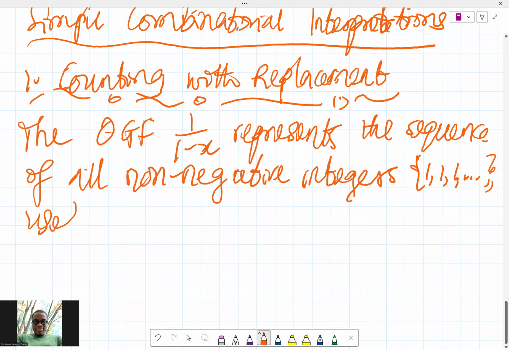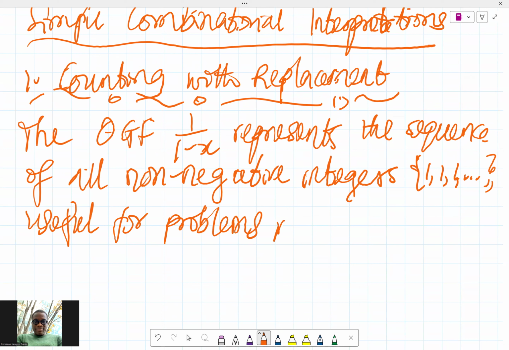Useful for problems involving unrestricted choices.